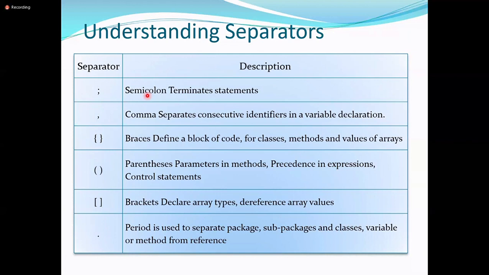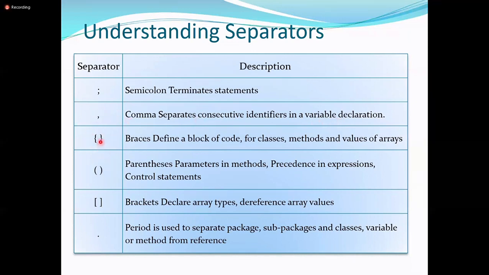And if I requested you to write a method which is having two parameters, how will you be writing it? You will be separating those parameters with the help of comma. Am I right? Yes. So at the time of variable declarations, we will be using this comma.